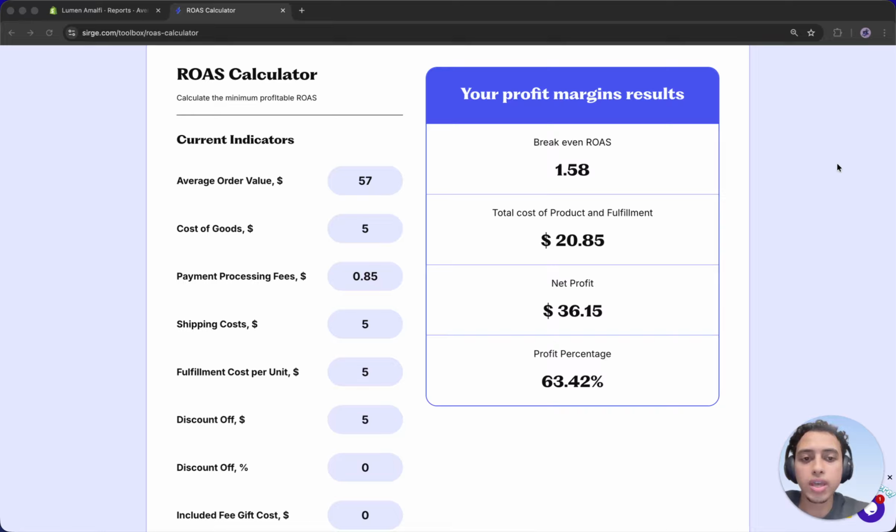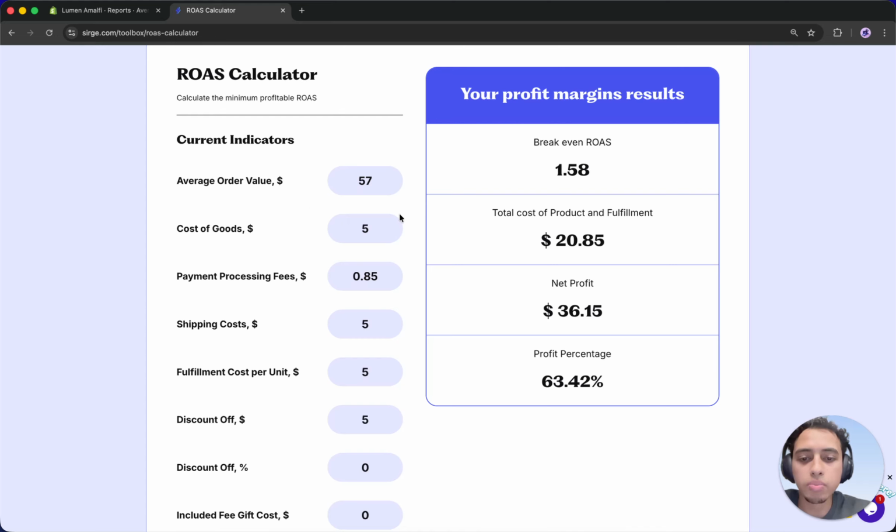That way you can understand what your break-even ROAS is, because your break-even ROAS is going to change from jackets to sweaters. The cost is going to be a lot more on jackets than sweaters. So over here we have our average order value, our cost of goods, our payment processing, shipping costs, fulfillment costs per unit, and then any additional discounts that you might have.